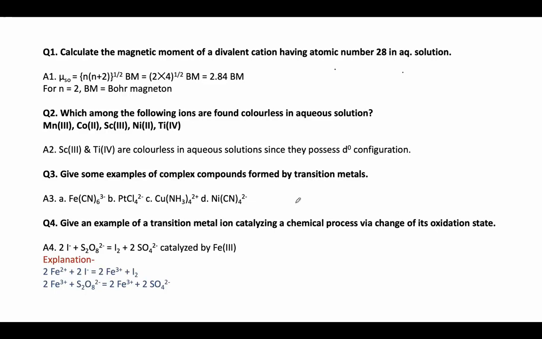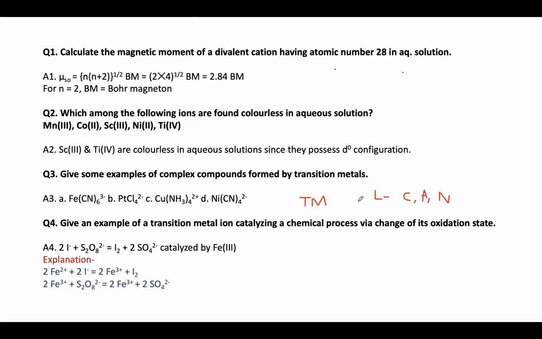When the metal ions bind with several anionic or neutral or cationic molecules. So a transition metal is there, and it will bind several kinds of ligands. Ligands can be cationic, anionic, or neutral.